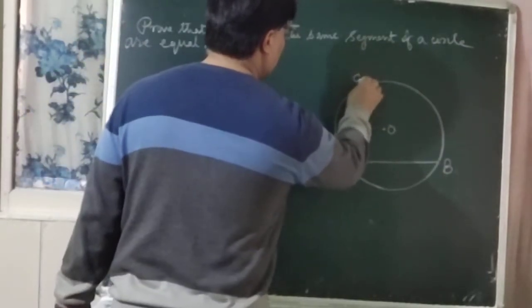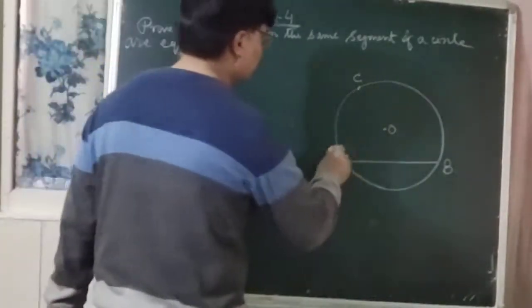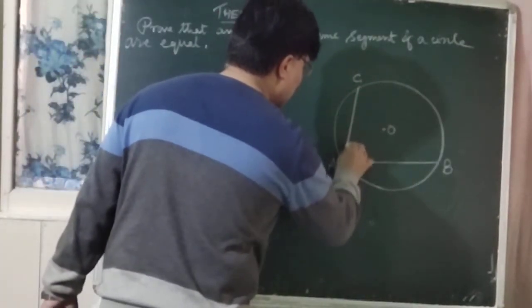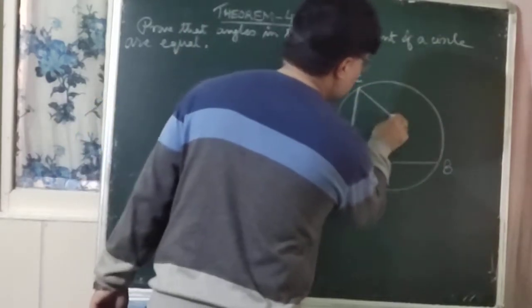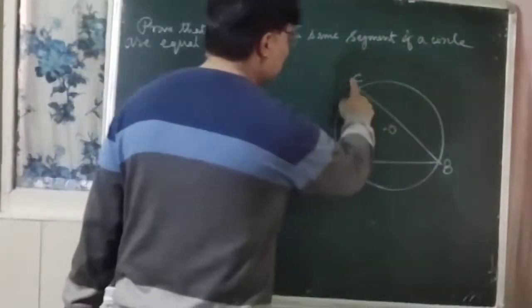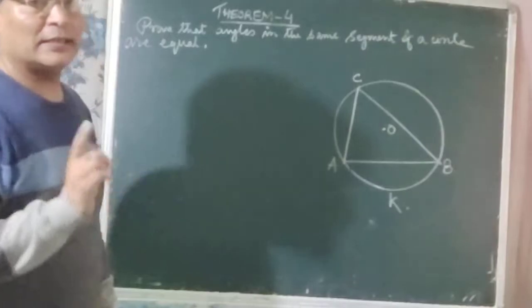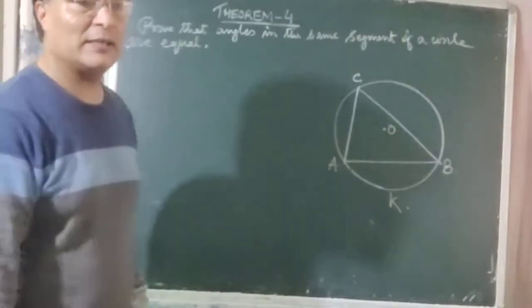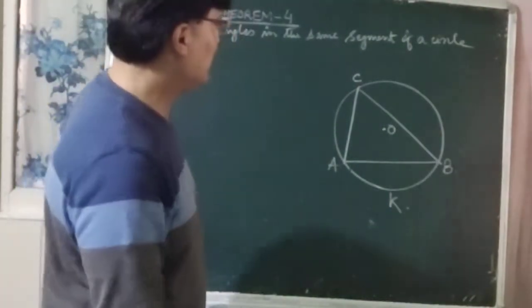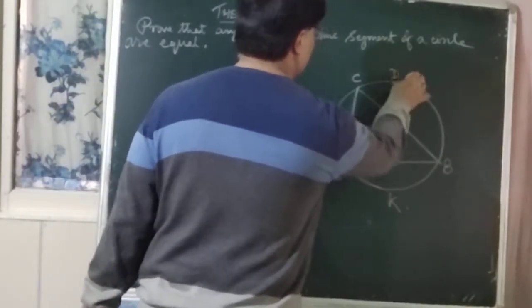Now you take any point C on the circle, you join A and C and you join C and B, right? And ACB is the angle subtended by the arc AKB. Now you know the meaning of the arc AKB, right? So now, suppose there is another point D here.